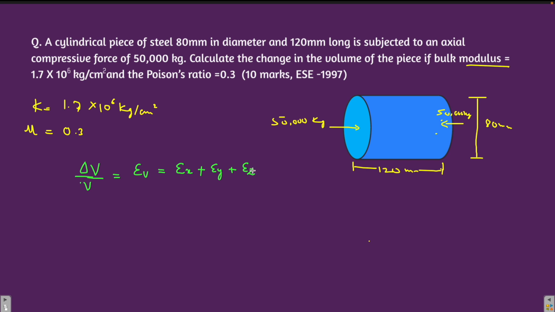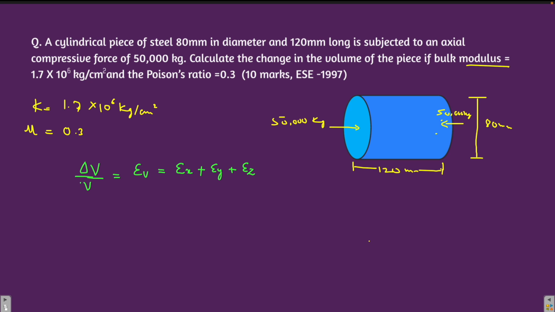If we add all the three strains, we will get the volumetric strain, and once we find the volumetric strain and multiply it with the volume of the cylinder, we'll find the change in the volume. So that is the scheme of our question. Our first task will be to find the strains in x, y and z direction.